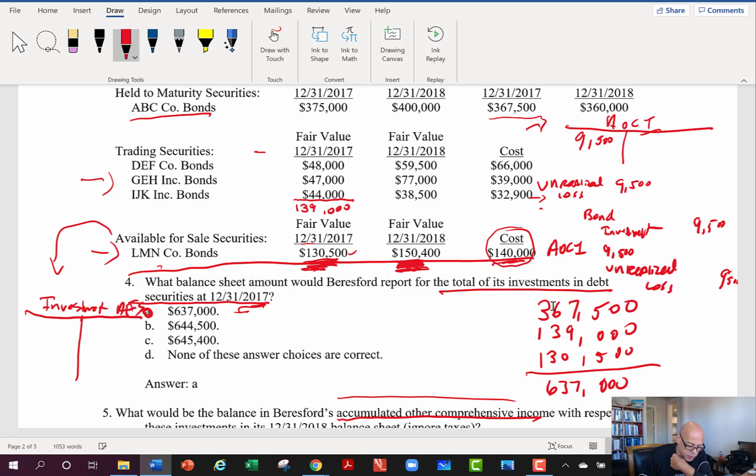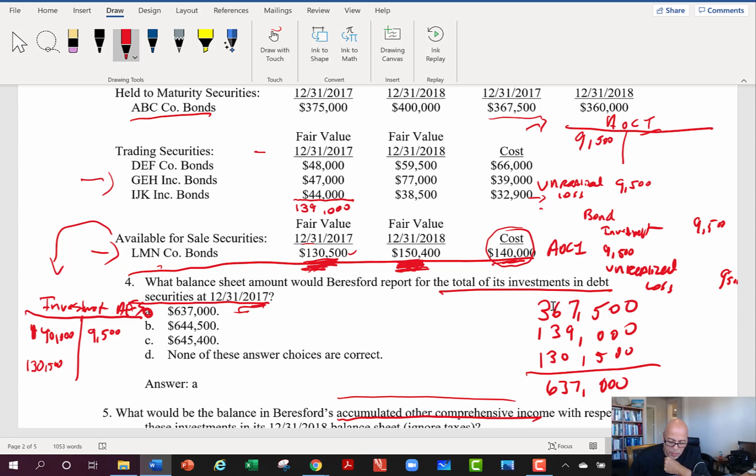Okay, it originally cost 140. And if we look at this, they're crediting it for 9,500. So now I know, and I can just peek over here, they're carrying it at 130,500, right? Okay, good.